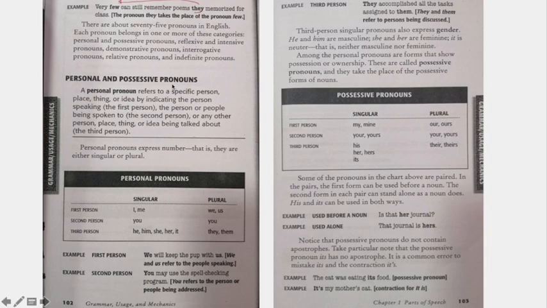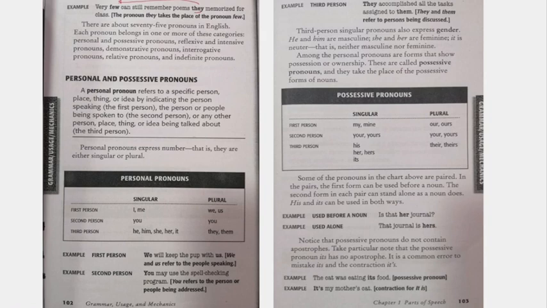The person or people being spoken to are the second person. Any other person, place, thing, or idea being talked about is the third person. Again, the first person is the one who is talking. The second person is the person you are talking to. And the third person is the person you are talking about.